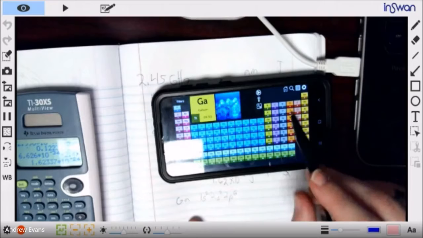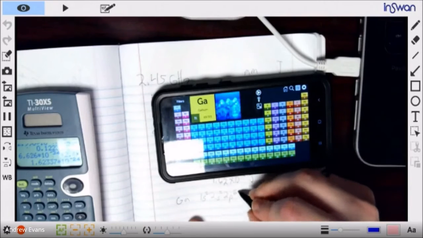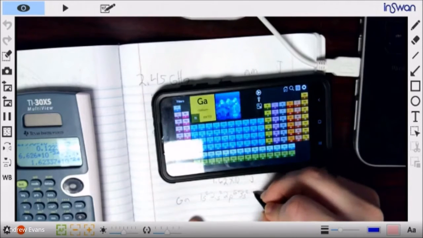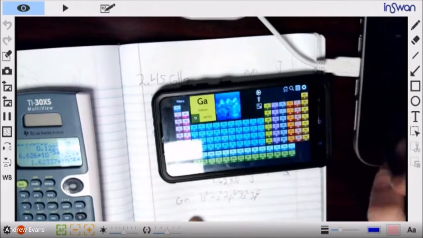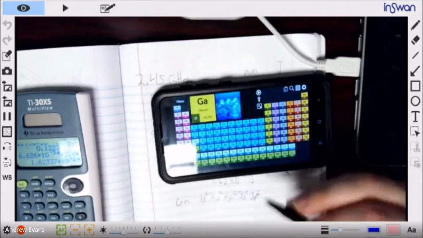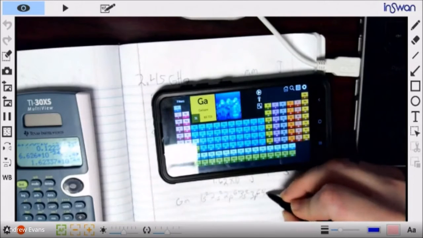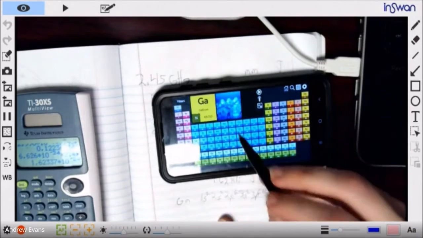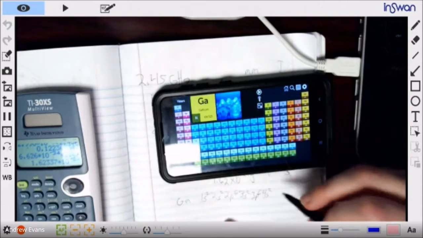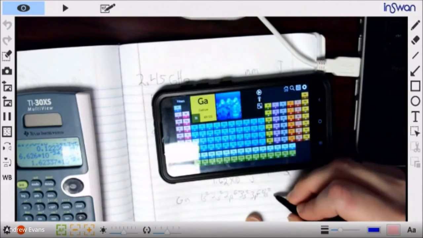Next row, 3s2, 3p6 gets me to argon. Then 4s2. Here's the tricky part. We've hit the d's. d is always row minus 1. So since it's row 4, it's 3d10.